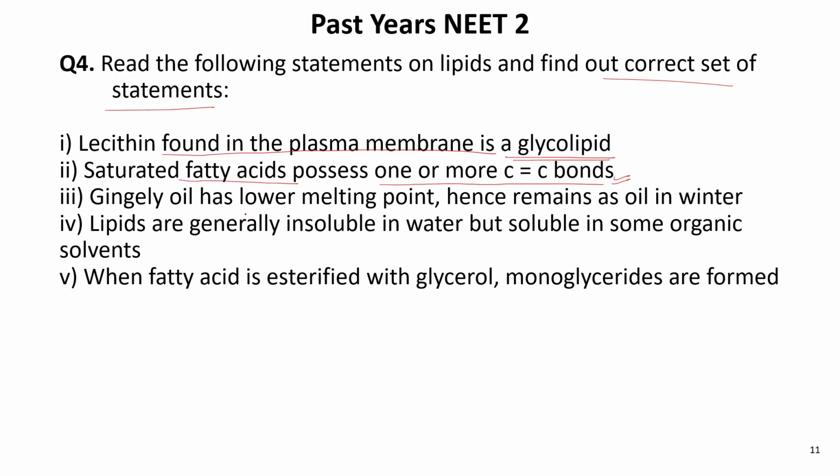Gingerly oil has a lower melting point and hence remains as oil in winter. Lipids are generally insoluble in water but soluble in some organic solvents. When fatty acid is esterified with glycerol, monoglycerides are formed. So lecithin is found in the plasma membrane, which is a phospholipid.